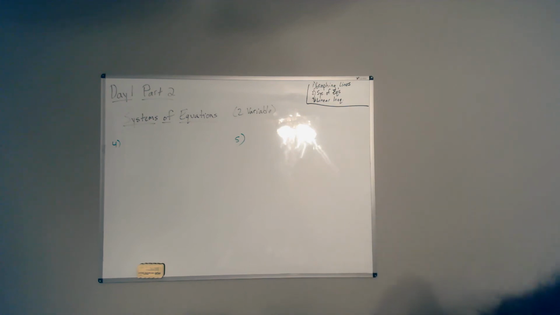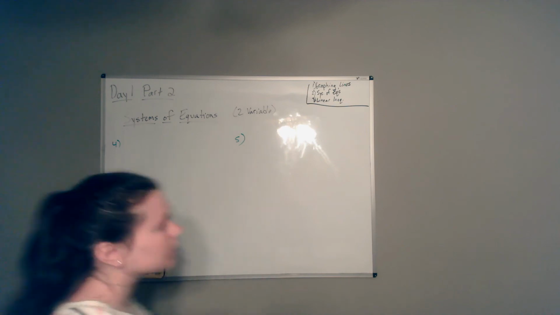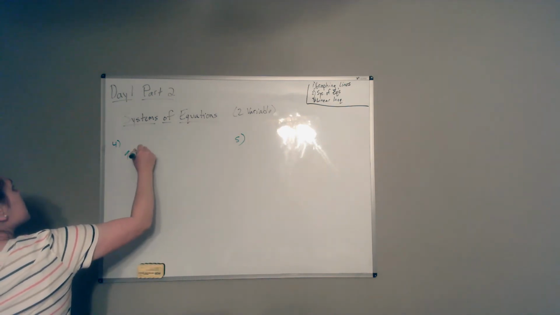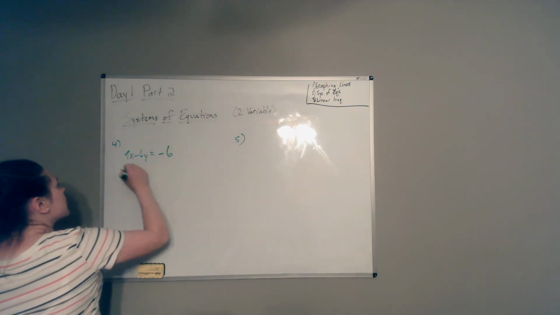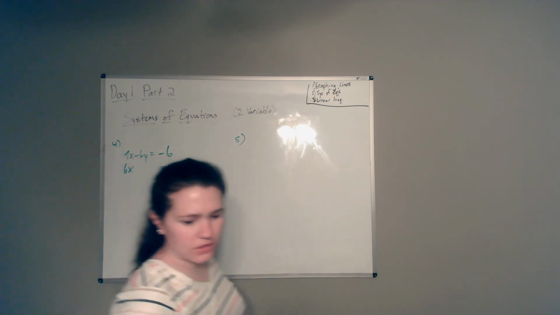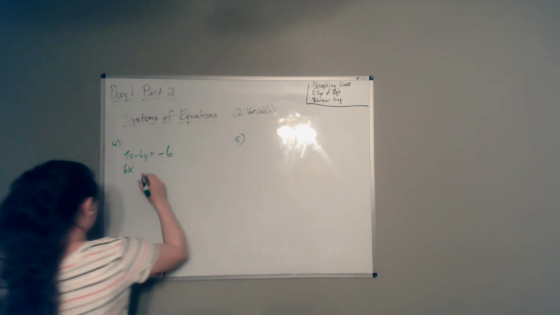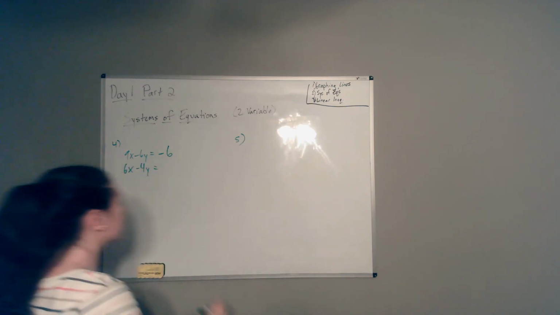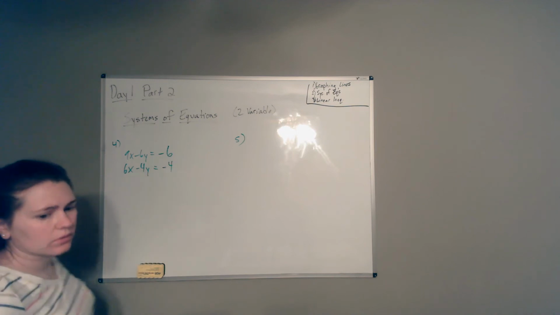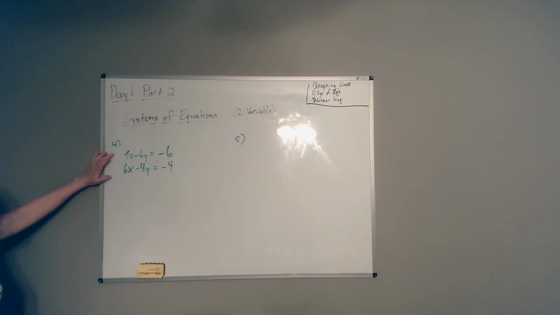For number 4, we have 9x minus 6y equals negative 6. And we've got 6x minus 4y equals negative 4. Okay, and so I would just use elimination here.